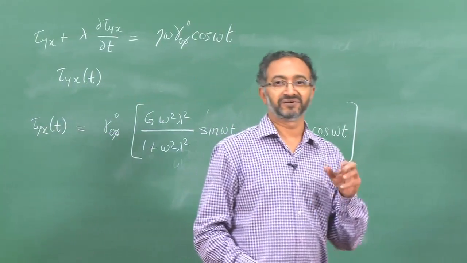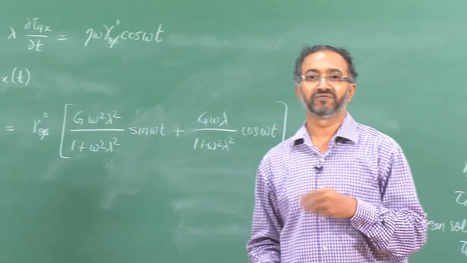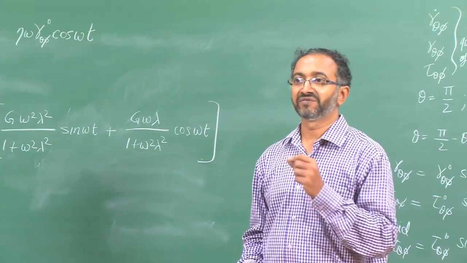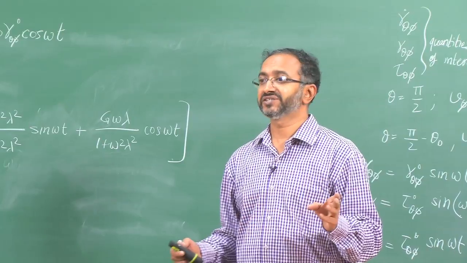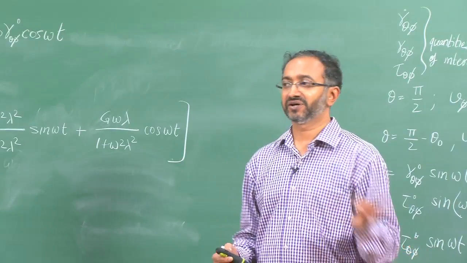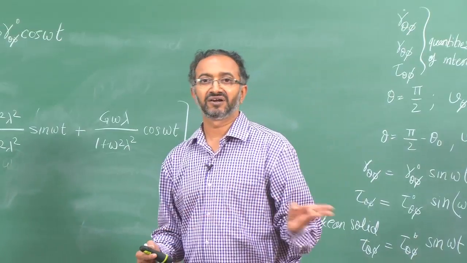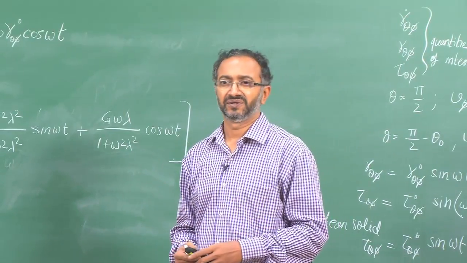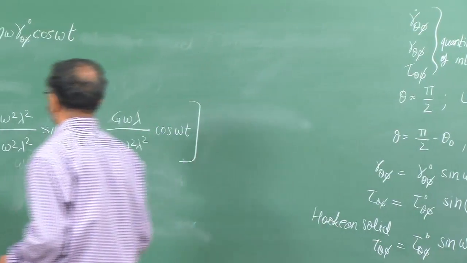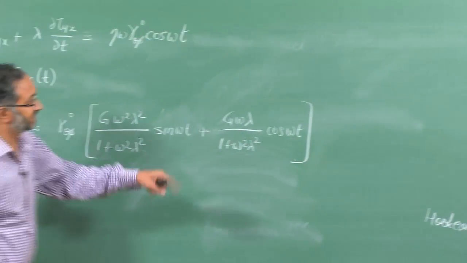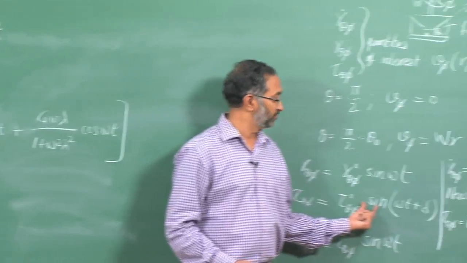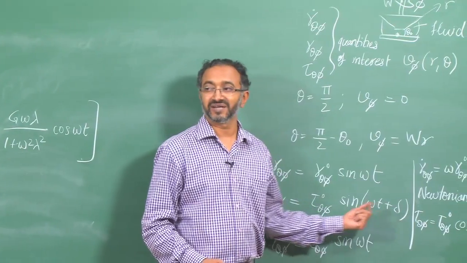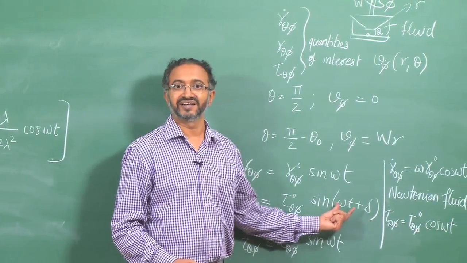By definition, given that the Maxwell model is a model of viscoelasticity, we have a phase lag between 0 and pi by 2, and only at the two extremes of completely viscous response or completely elastic response will it go to pi by 2 or 0. In fact, you can expand this sine function as sin omega t cos delta plus cos omega t sin delta.